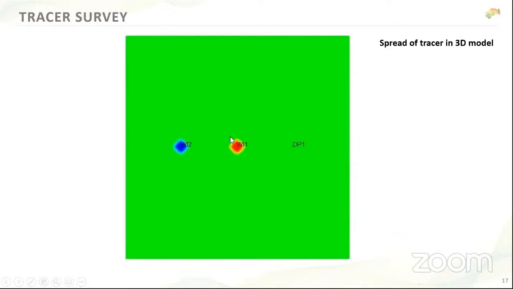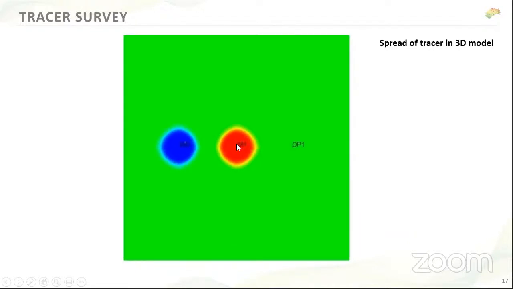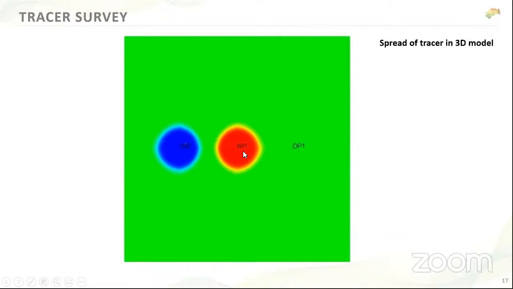But what would happen if we inject tracers? Here we have injected tracers to both of the injectors, WE1 and WE2, and marked it with different colors, red and blue.